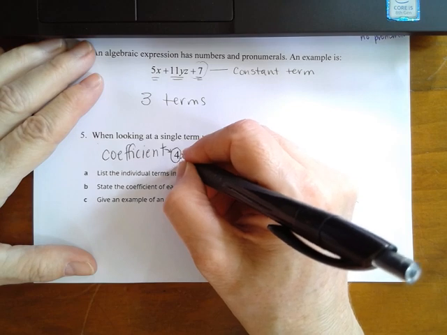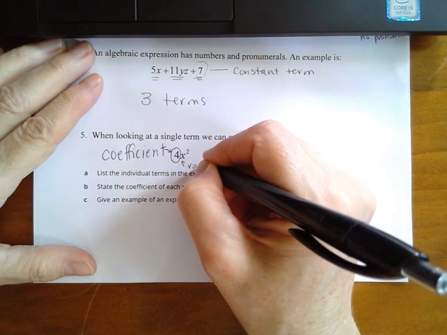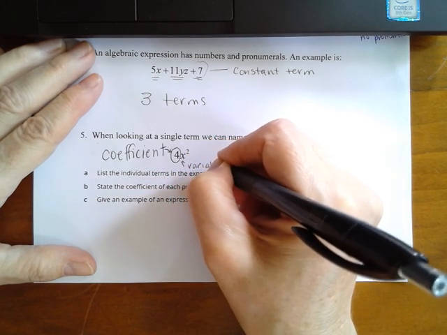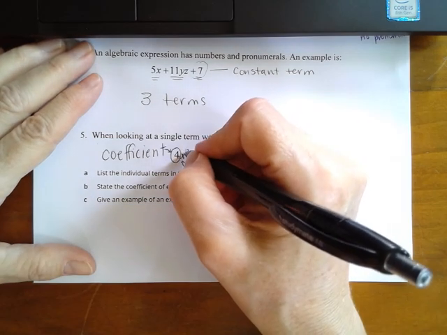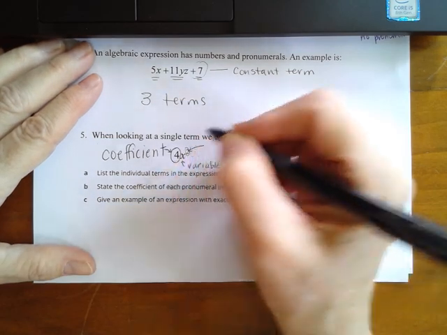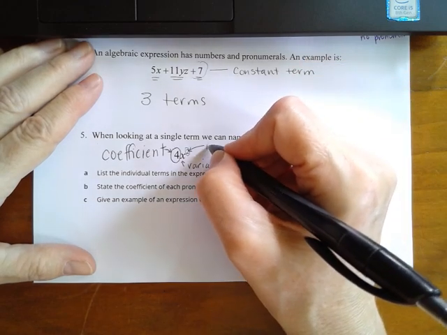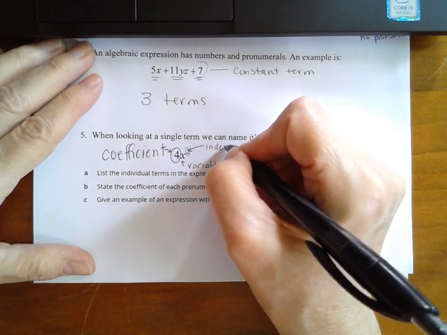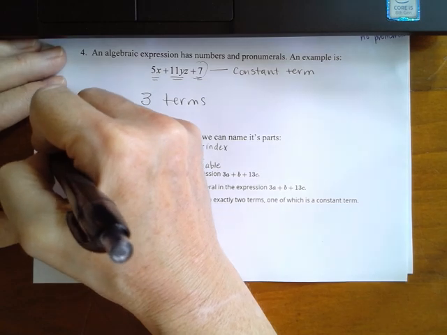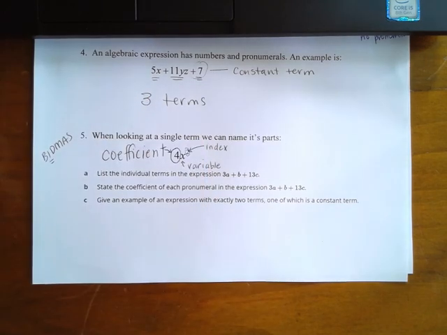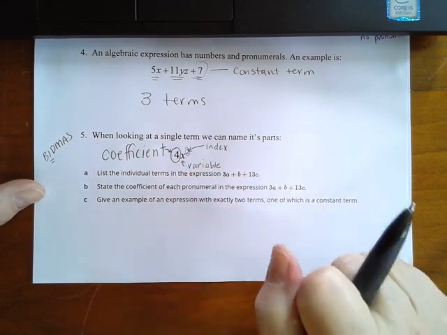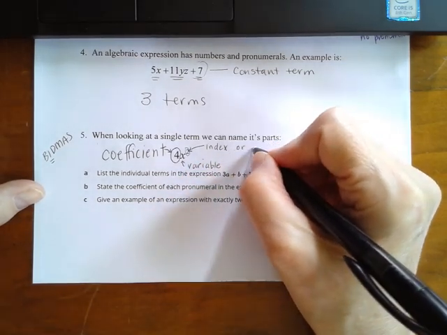This, of course, is the variable or pronumeral, and I'll call them both interchangeably. I'm not worried about that. And then this little 2 up here, I know what you're saying, you're yelling out the name of it already, is called an index. That's where BIDMAS gets its I, the index. Or we can call it an exponent.